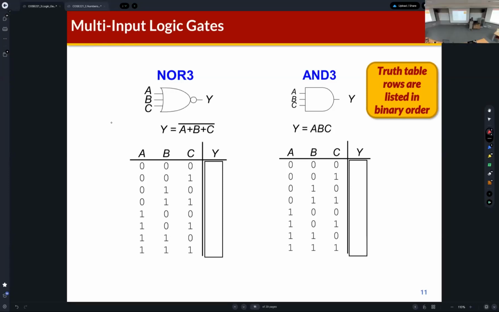If you see the Boolean equation here, we can find that it's A or B or C, and we can find the inversion, the bar. The bar is just inversion, which means that we need to define A or B or C. Then how can we define a 3-input OR?